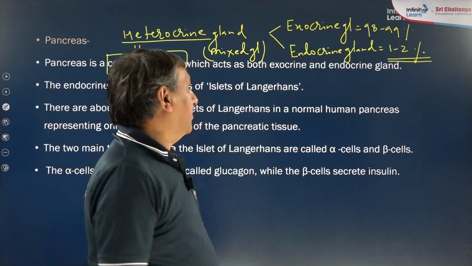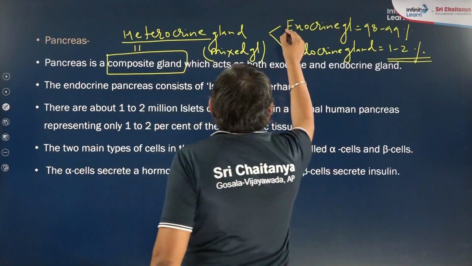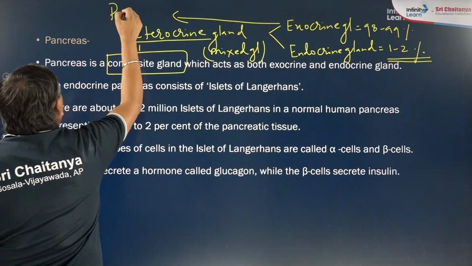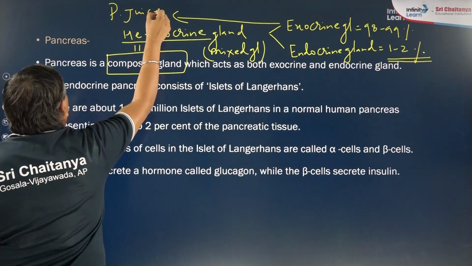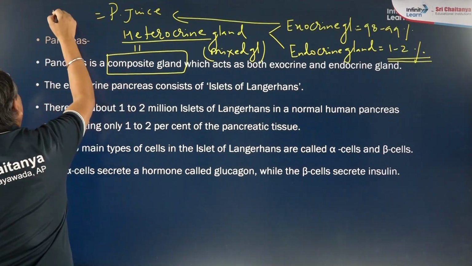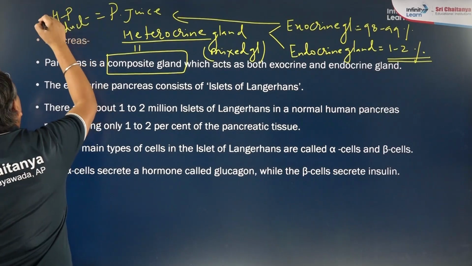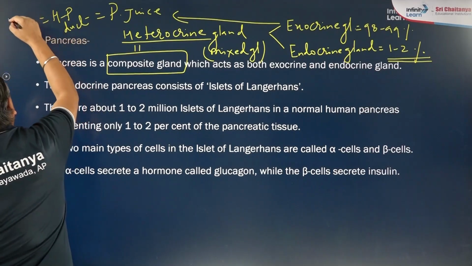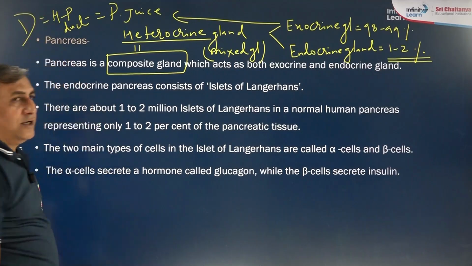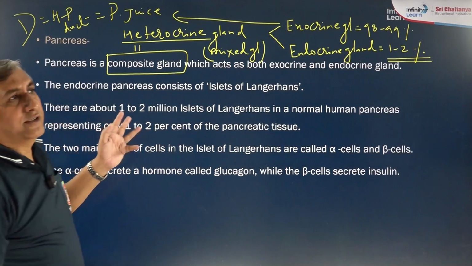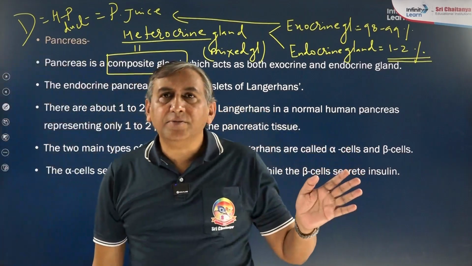Through it, the pancreatic juice comes into the duodenum. We already discussed this in the digestive system.